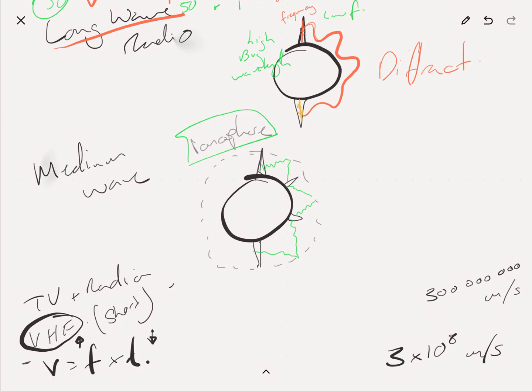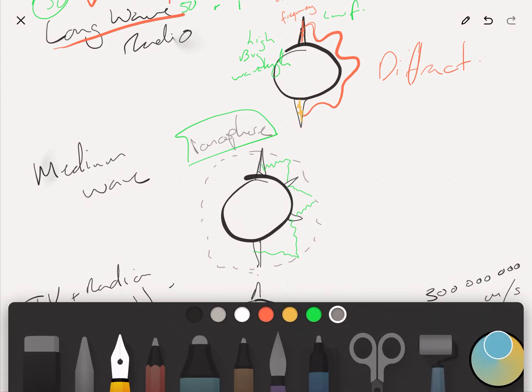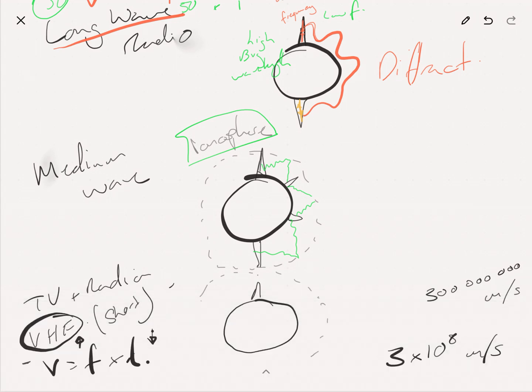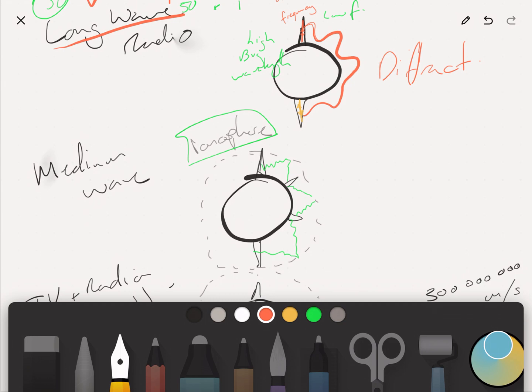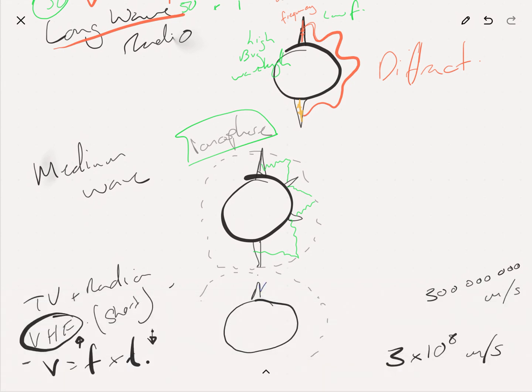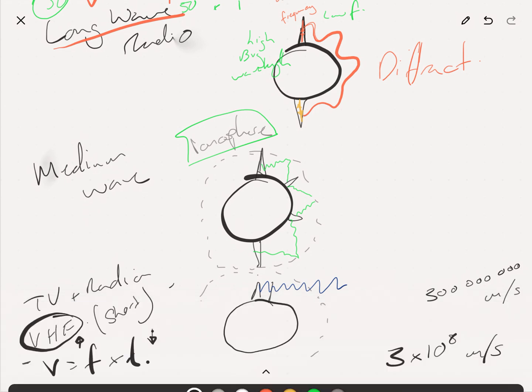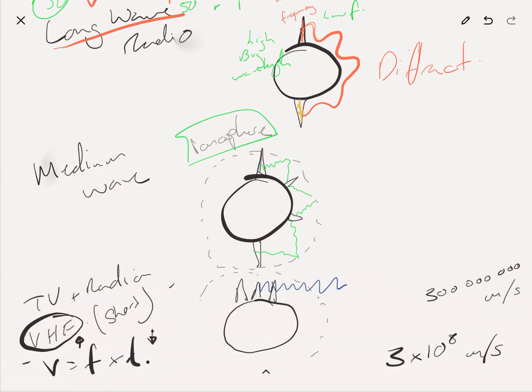Anyway, back to TV and radio waves. They're too small to diffract, and they will not be reflected off the ionosphere. In other words, they will go all the way through the ionosphere. So there's not a lot you can do with these if you're around the other side of the Earth. They are just going to go straight out. The only way these can be used is if you are in line of sight of that radio wave.